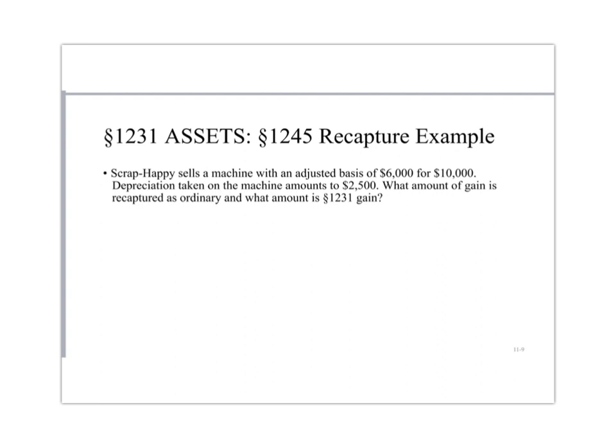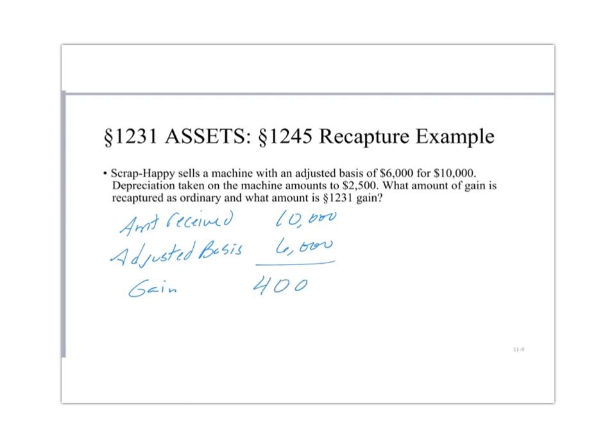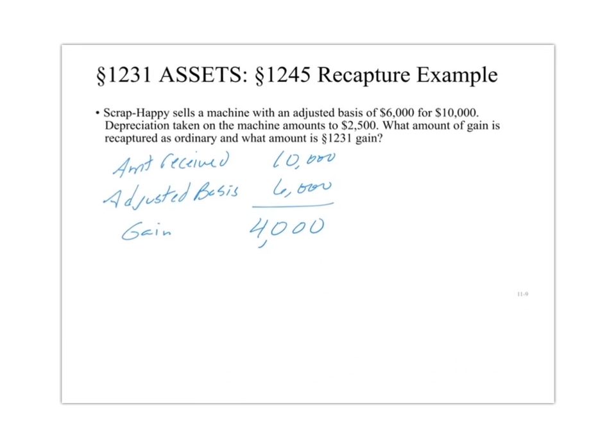We have to look at what we received and our adjusted basis, and figure out our gain. We received $10,000. Our adjusted basis was $6,000. So we've got gain of $4,000. Is this gain larger than our amount of depreciation taken? And the answer is yes.